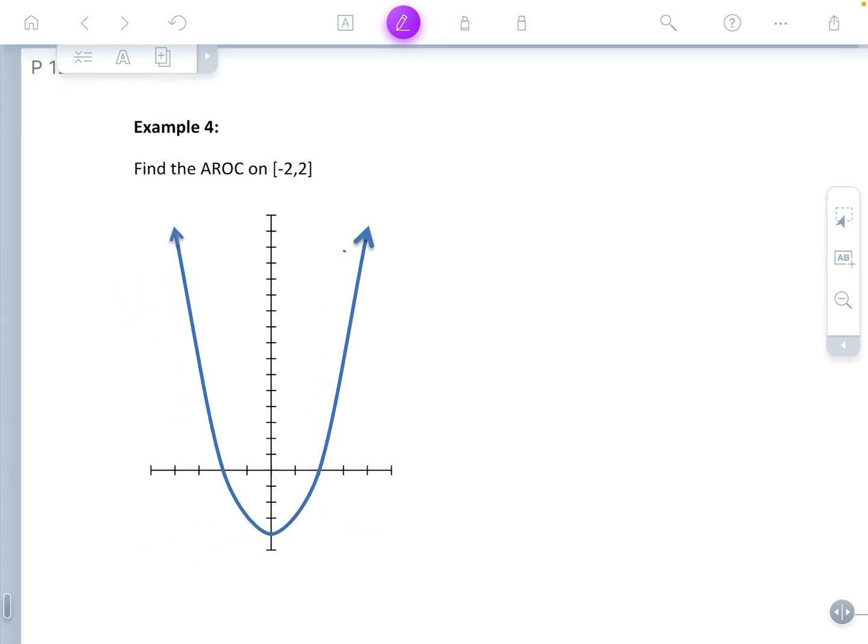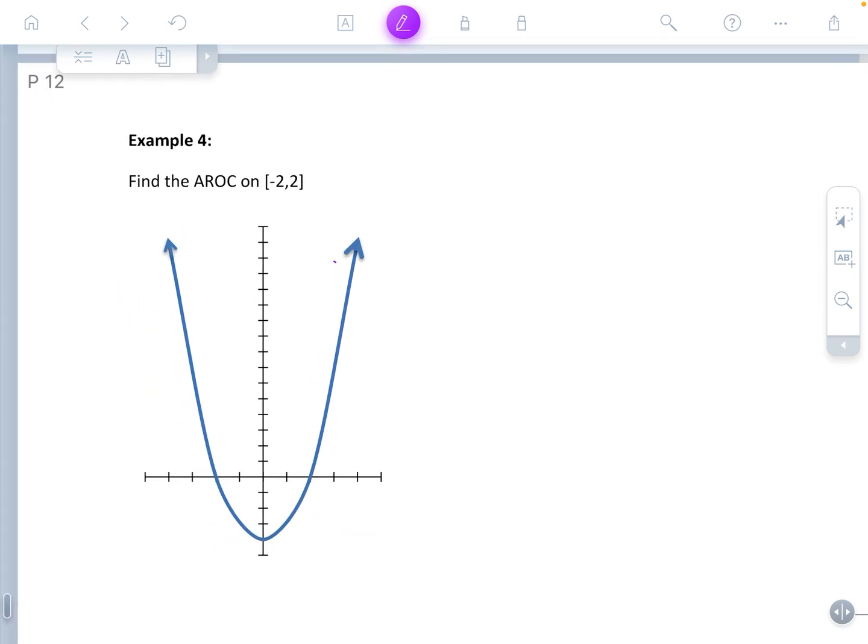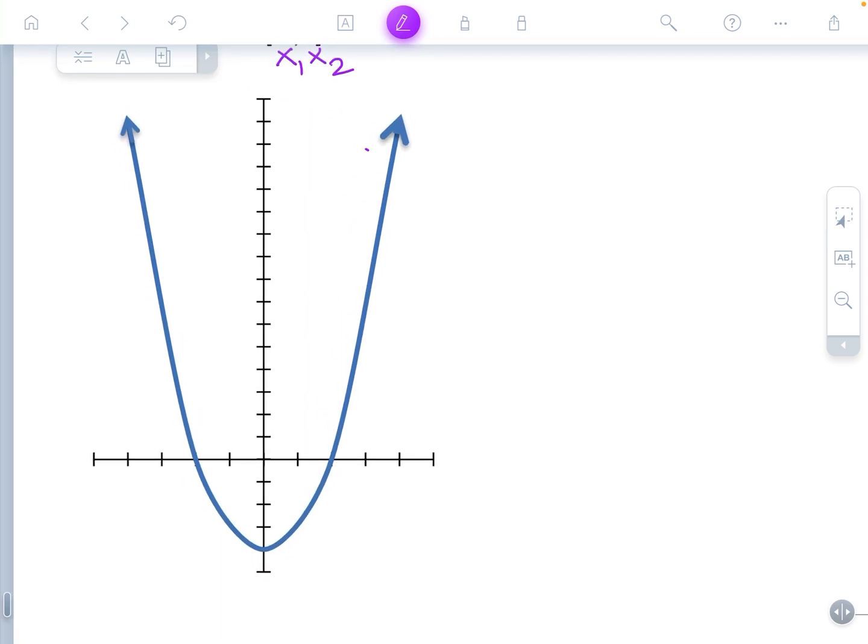Okay, we have one more example, and this time it's on a graph. I really like this example. So we're going to find the average rate of change on negative 2 to 2. So we're looking for where x is equal to negative 2 and 2. Remember that this axis is the x-axis and this is the y-axis. So we're going to find where x is equal to negative 2, so 2 to the left and 2 to the right.